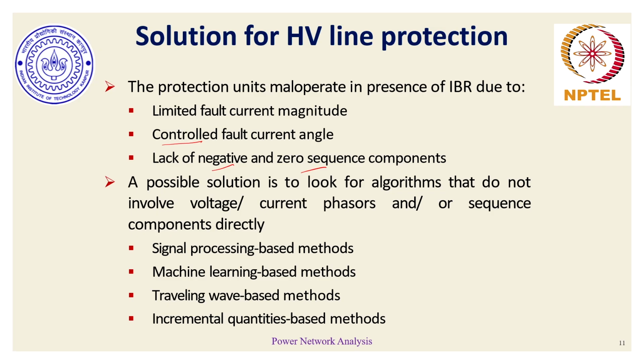So the possibility which researchers across the globe are looking at to mitigate these issues is to not just depend on conventional methods, but to also look at signal processing based methods which can help figure out good features from the voltage and current signals, machine learning based methods, and other methods which are being researched. Unfortunately, I cannot discuss these methods at length, but those of you who are interested may please explore them accordingly.